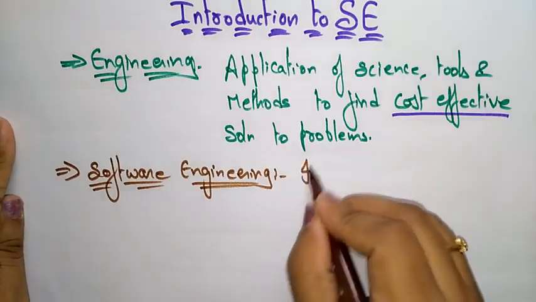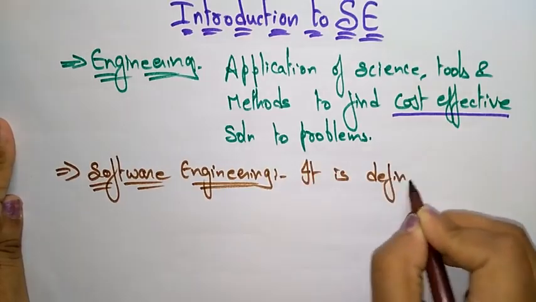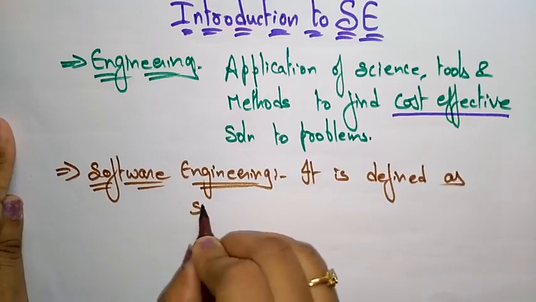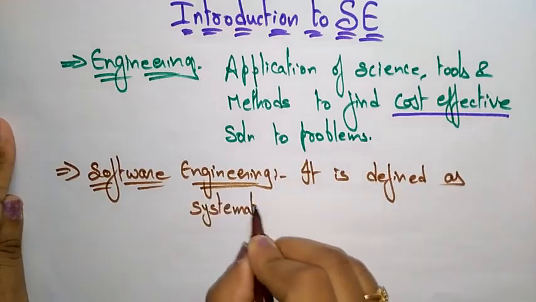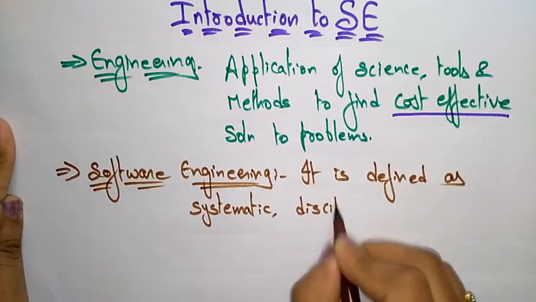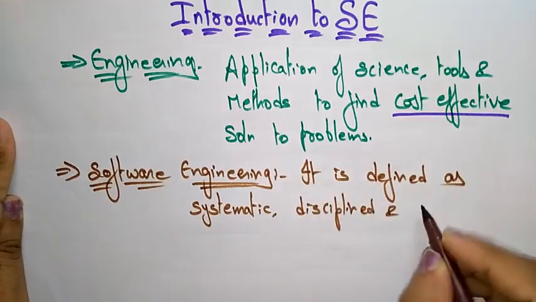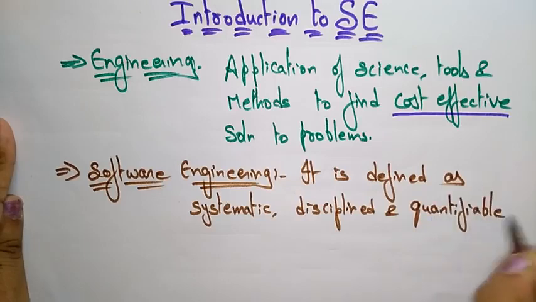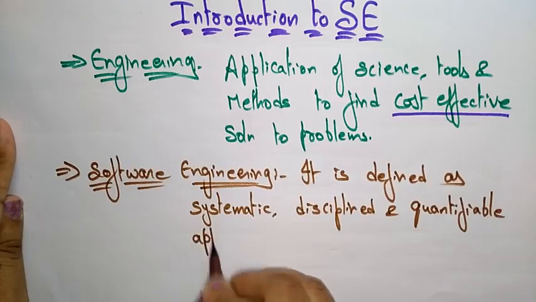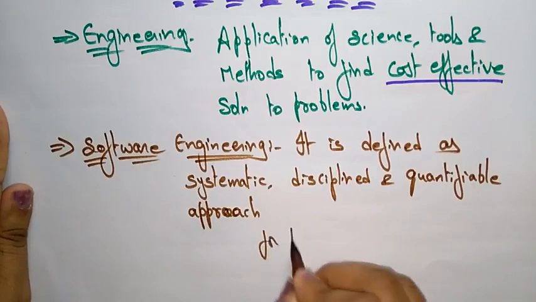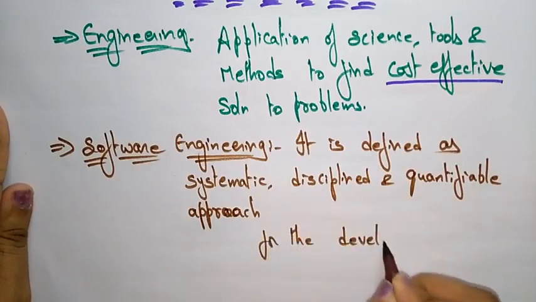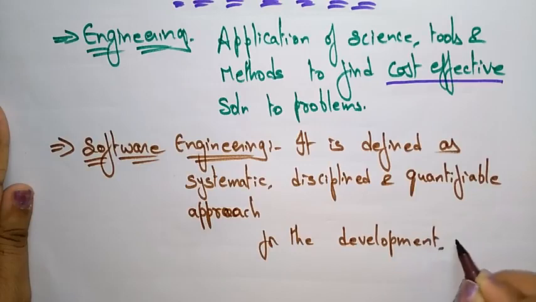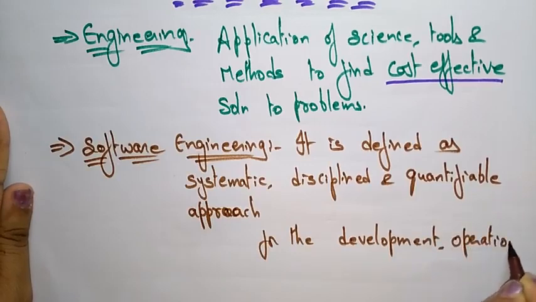Software engineering is defined as a systematic, disciplined and quantifiable approach for the development, operations and maintenance of software.